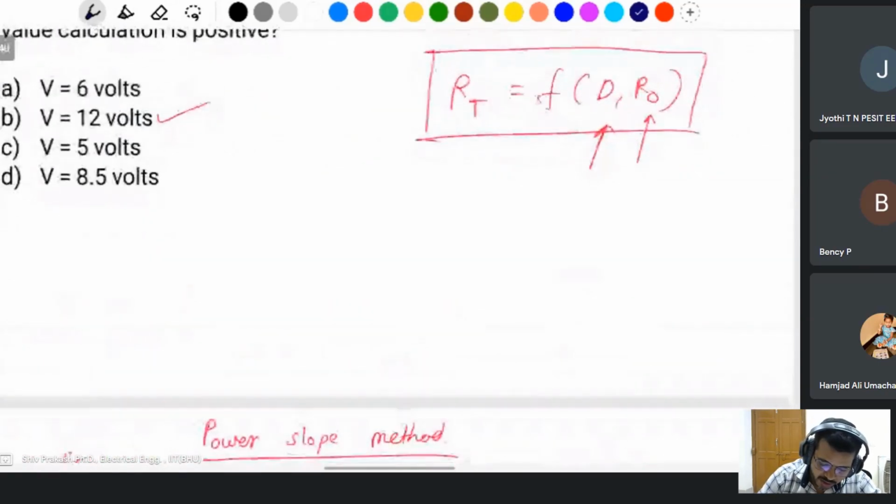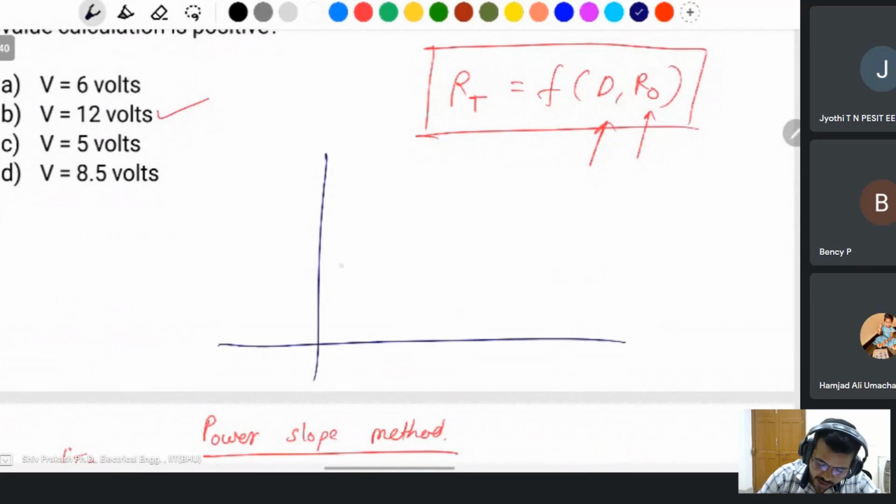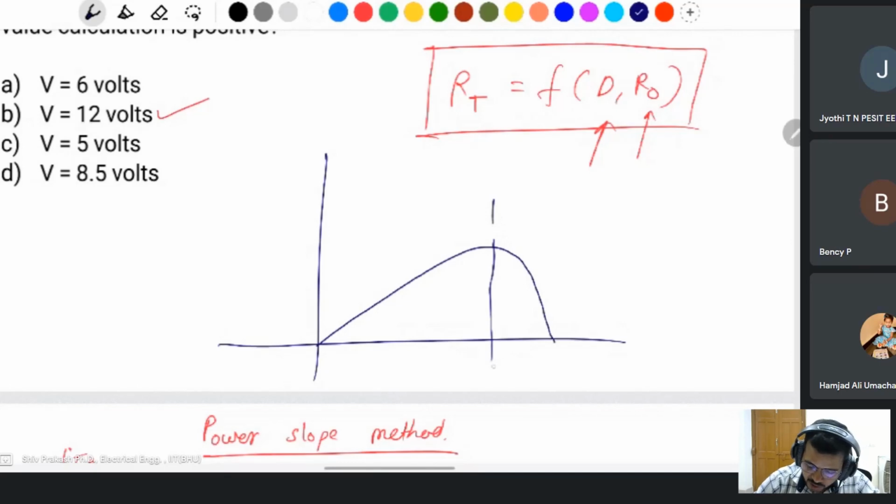In the question you have already calculated the maximum power point. This will be 9 volt. If you want a positive value, then it should be at the right hand side. This will be the right hand side, this will be the left hand side, and that's why at the right hand side the only voltage is 12 volt.